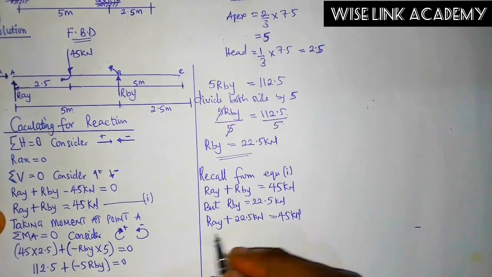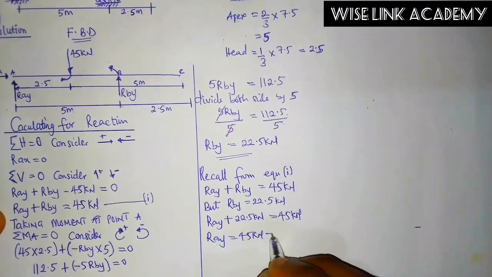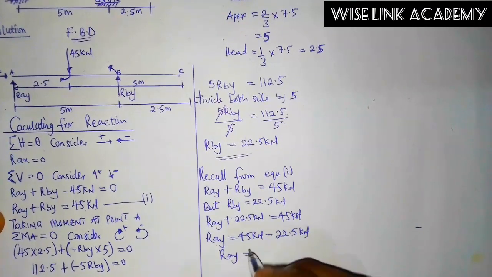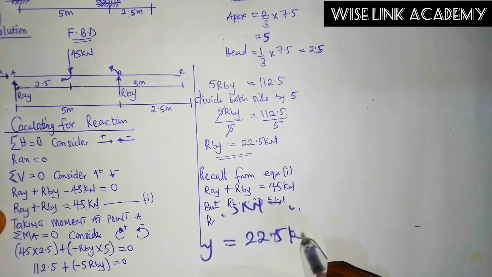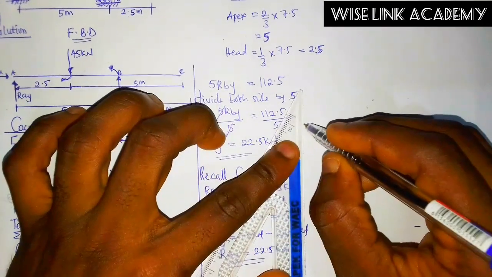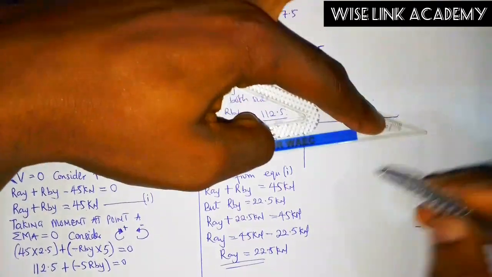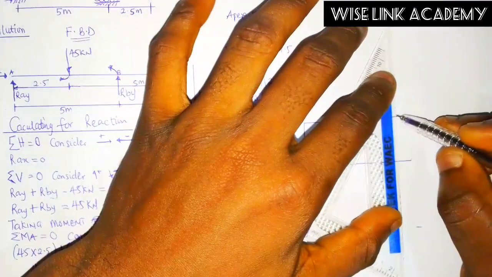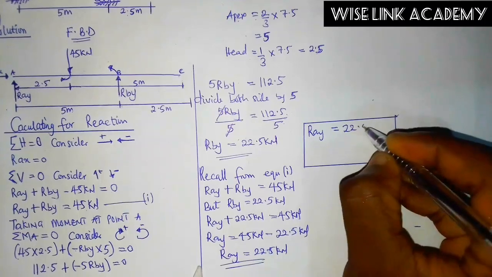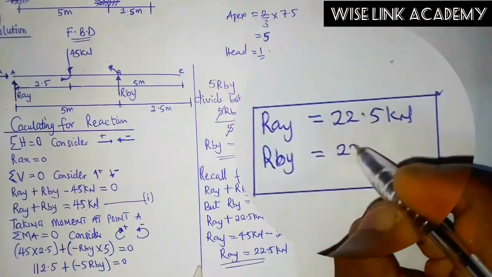So if I work on this mathematically, I'll be having RAY is equals to 45 kilonewton minus 22.5 kilonewton. RAY will be 22.5 kilonewton. So therefore my answer will be this. So my RAY is equals to 22.5 kilonewton and my RBY is equals to 22.5 kilonewton.